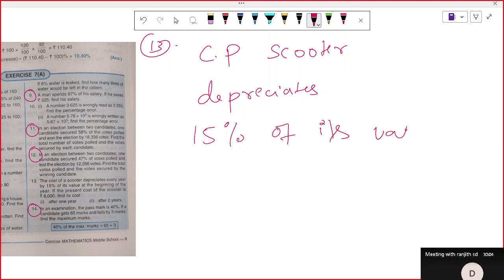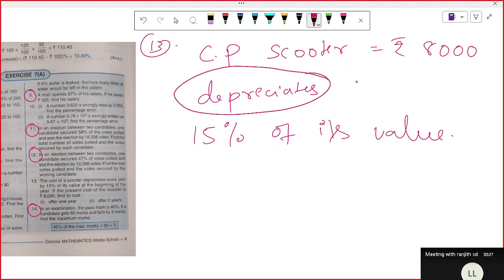If the present cost of the scooter is 8,000, find its cost. Okay, so what is the present cost of the scooter? Rupees 8,000. All of you will read the question, students.